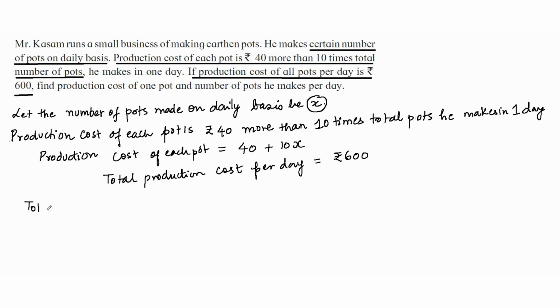It will be the total number of pots made multiplied by the production cost of each pot, isn't it? That equals rupees 600. So let me pause for a minute while you take a look at the question and the statements that I have written so far, and try to correlate these statements with the conditions given in the question, and we will solve the quadratic equation after that. So pausing for a minute.